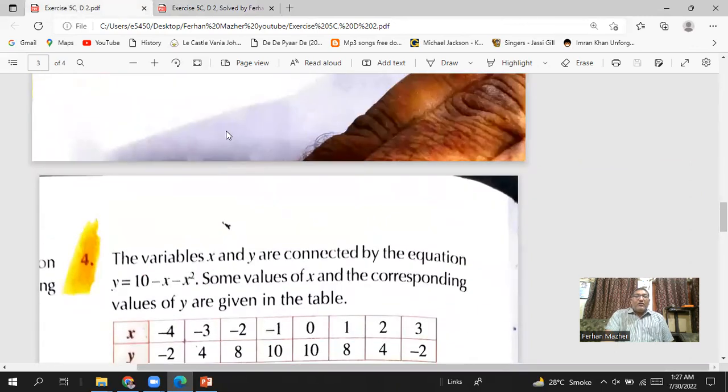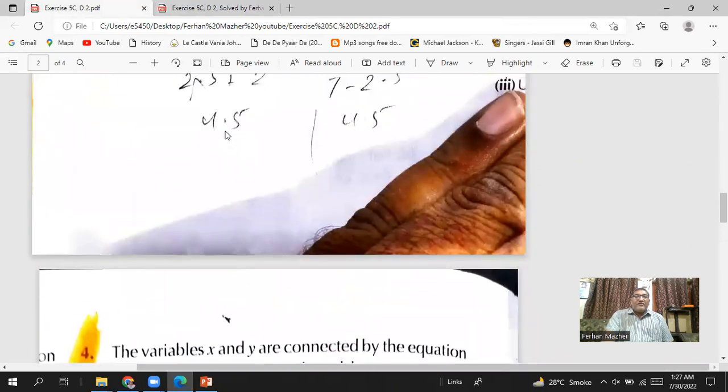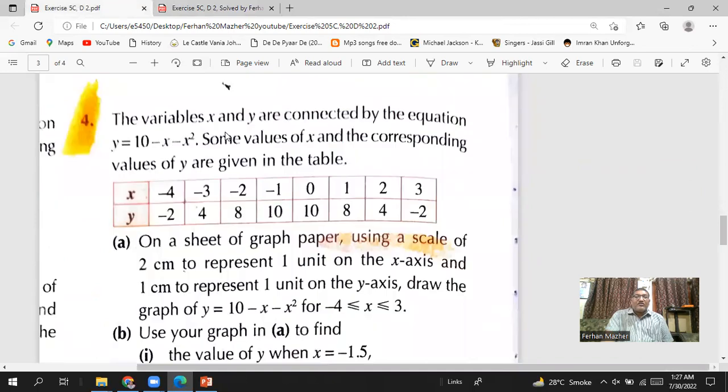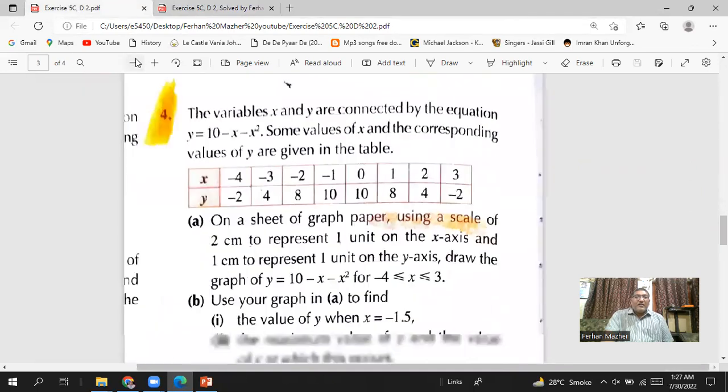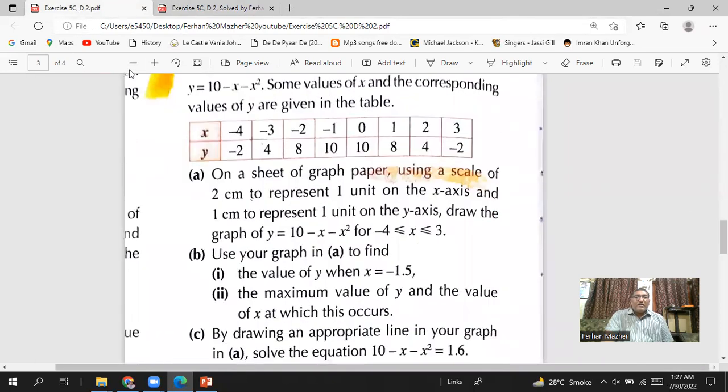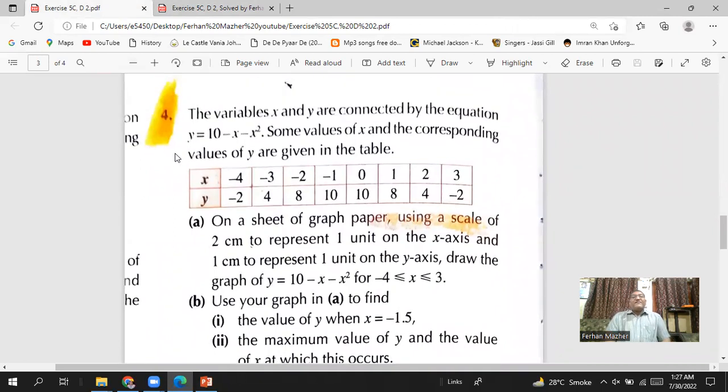Okay, so now we are going to the next question, and the next question coming up on your screen is question number 4. It says the variables x and y are connected by the equation y equals 10 minus x squared. Some values of x and the corresponding values of y are given in the table.